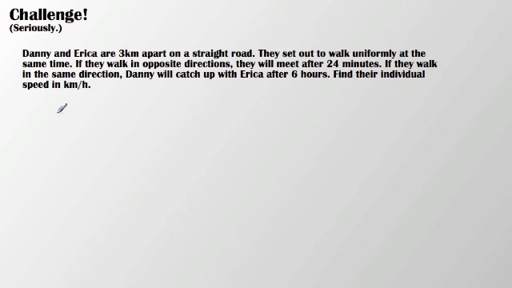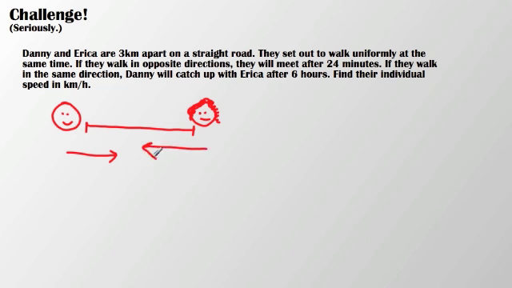Danny and Erica are 3 kilometers apart on a straight road. So here's Danny, and here's Erica. They are 3 kilometers apart on a straight road. They set out to walk uniformly at the same time. If they walk in opposite directions, they will meet after 24 minutes.